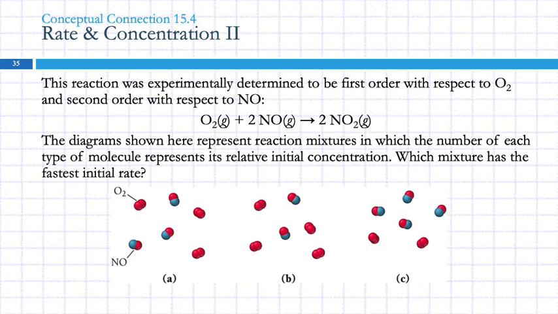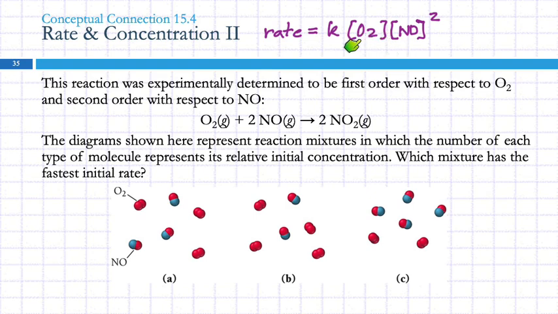I don't expect this to be immediately obvious to anybody. Let's think about what that rate law would look like. Rate constant times oxygen to what power? 1. Times NO to what power? 2. And it's not because there's a 2 coefficient, it's because they did an experiment and they found it was 2.